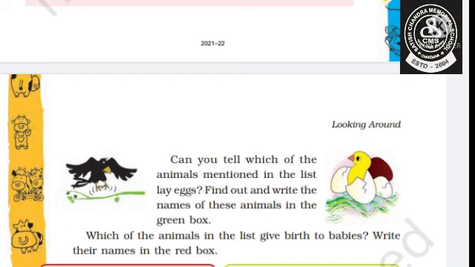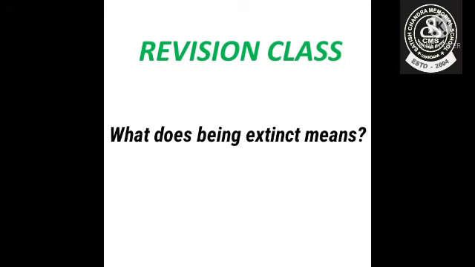Moving to the next question, children. What does being extinct mean? This question comes in the exam, so how do you write this answer, children? Just think. Extinction of a particular animal or plant species occurs when there are no more individuals of that species alive anywhere in the world.